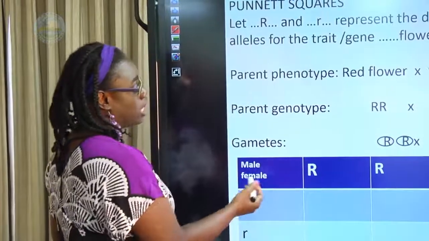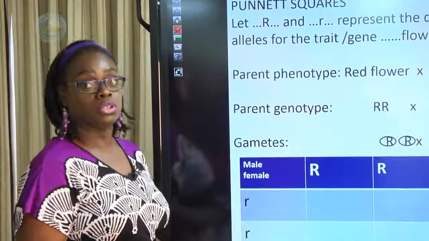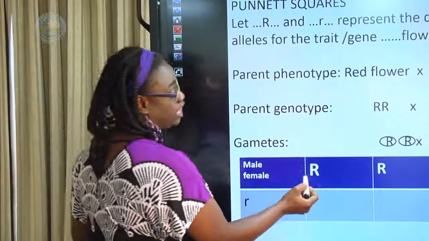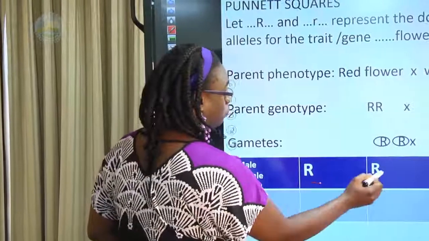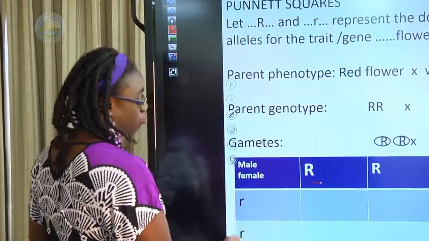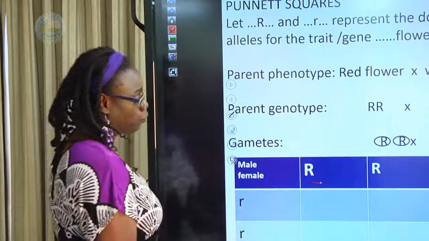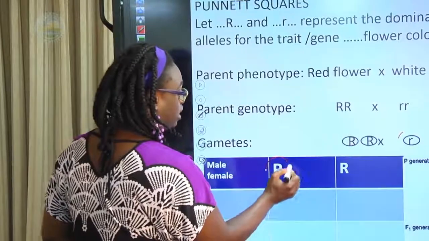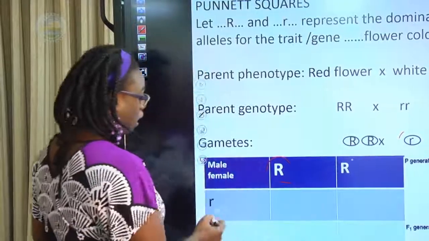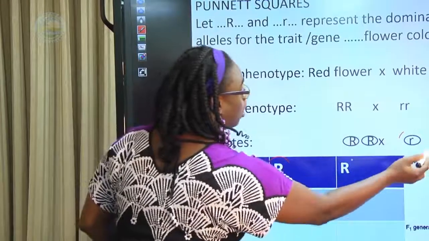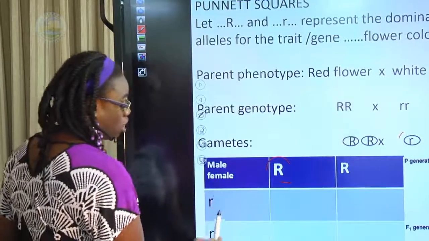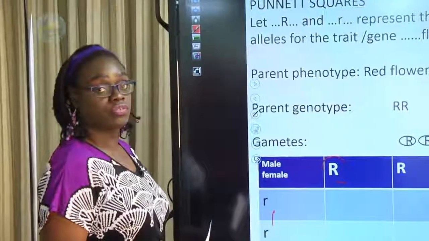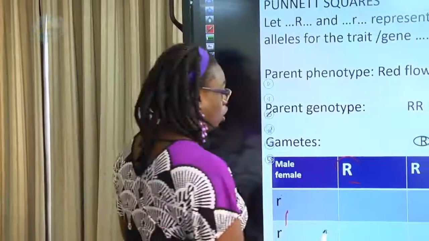And in a Punnett square, it's quite simple. You literally draw a square and you put the gametes for one parent at the top and the gametes for the other parent on the left. So we have capital R, so we put these gametes here, and the common R gametes for the other parent are on this side of the board. And let us look at what the results for the offspring will be.